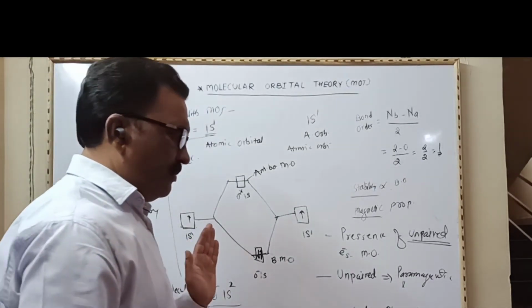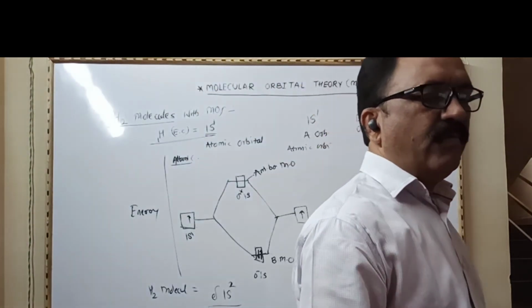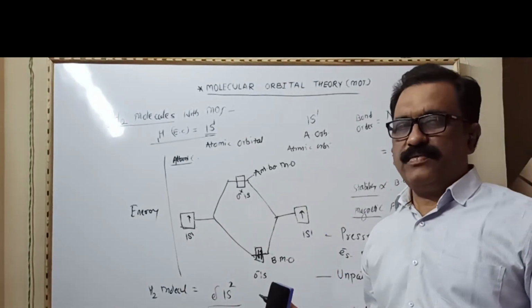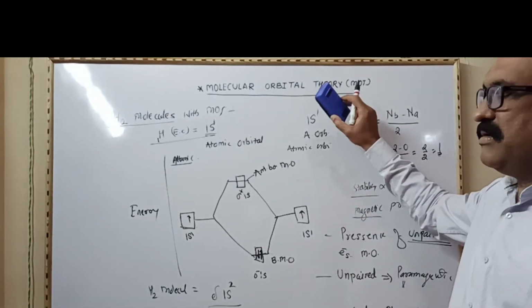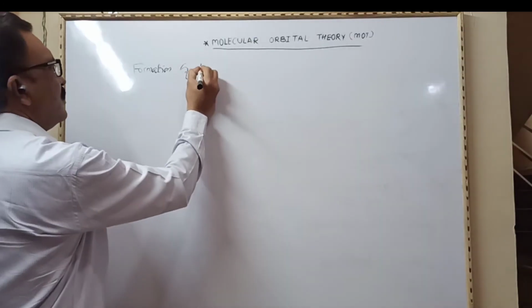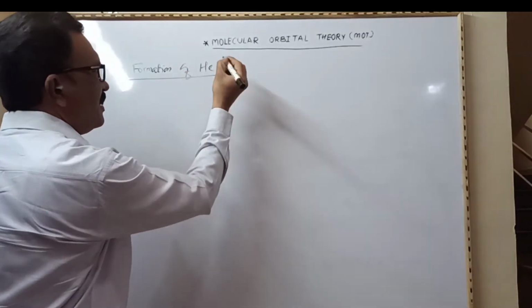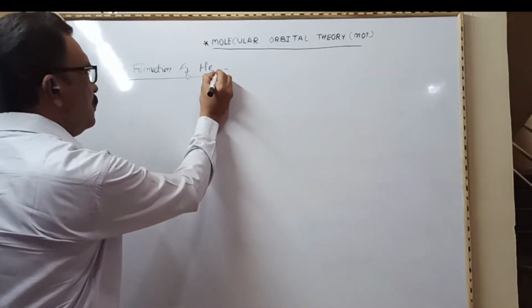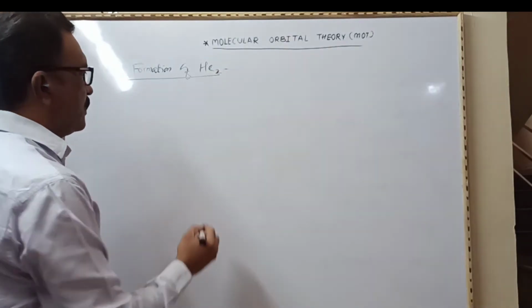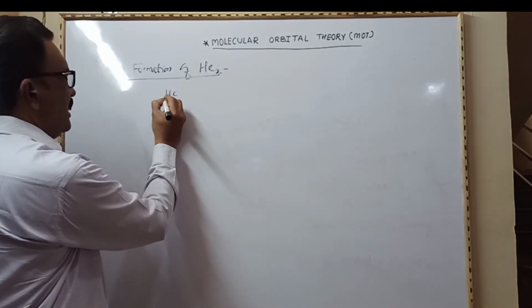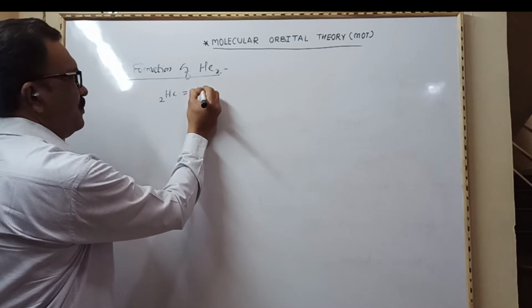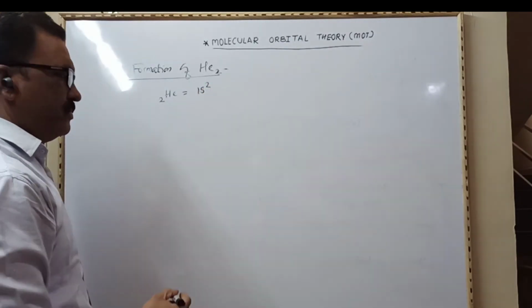Now one more example where we can again explain molecular orbital theory: the formation of the helium molecule, He2. The electronic configuration of helium is 1s2.